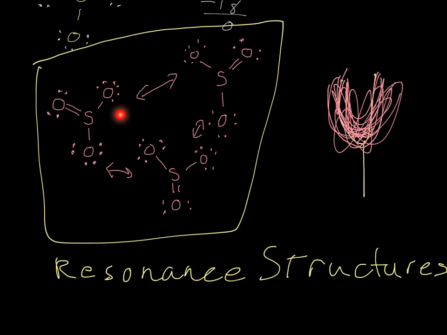However, we don't have a good way to draw a combination of all three. So what we do as chemists is we draw all three separately with double-headed arrows between them. And this is the concept of resonance. You can think of it as a floating double bond, you can think of it as a tuning fork. But resonance structures are used to represent that floating double bond, or that communal pair of electrons.